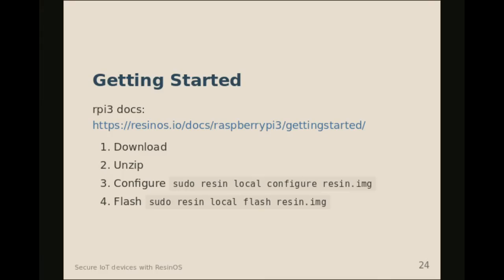Alright. So then, again, as a convenience function, we have this resin local flash resin.image. And this will basically do something similar. It will look for devices. Are any of you familiar with Etcher, the SD card writing software? It's another Resin project. We had a ton of problems onboarding people where they were struggling to write their SD cards, especially across all these different operating systems.